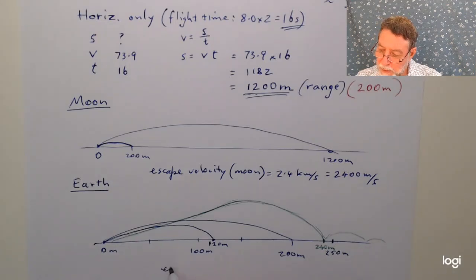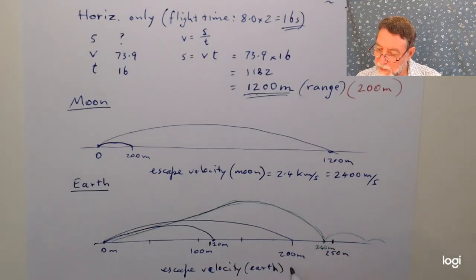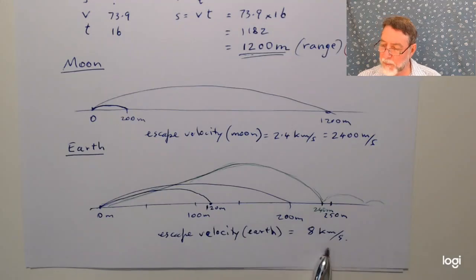Just while we're talking about escape velocities, we'll include the Earth. We'll see how fast you have to hit it. So we're talking there about 8 kilometers per second. So yeah, much faster on the Earth.